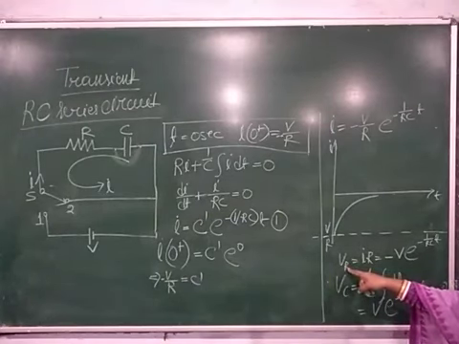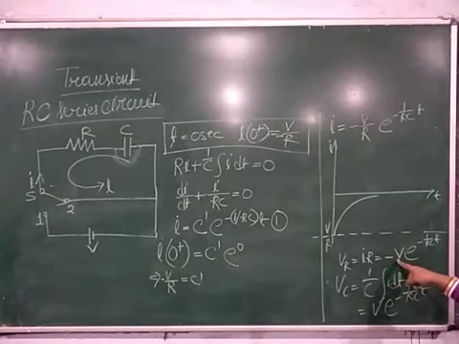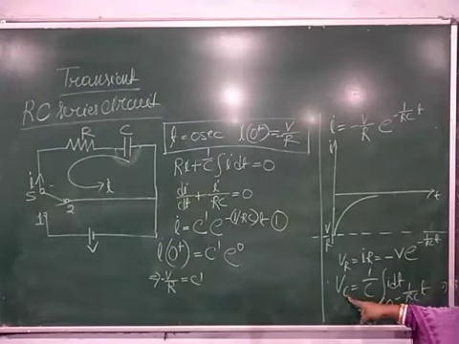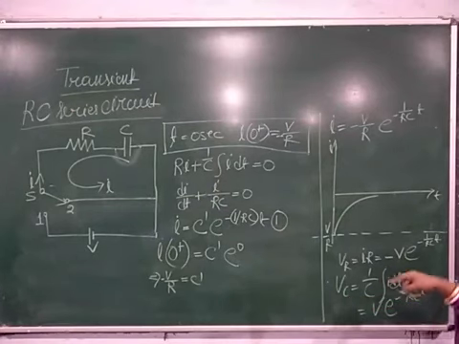Here the voltage across the resistor is negatively decaying in nature, and for the voltage across the capacitor the response is positive and decaying in nature.